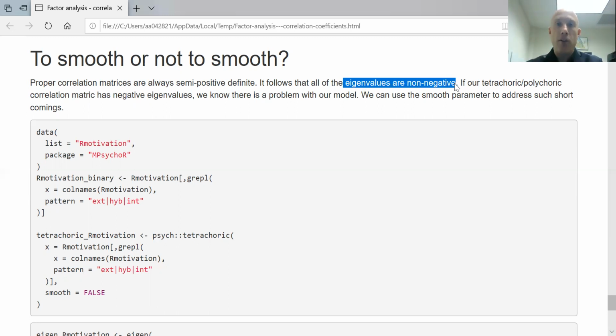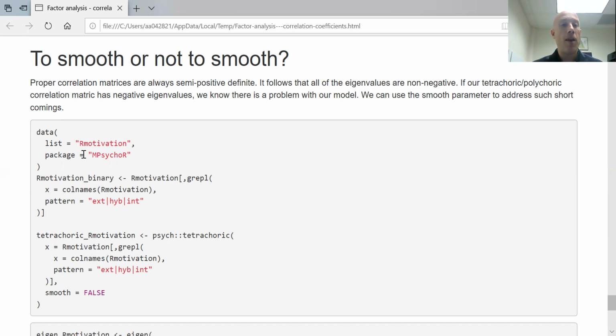I get my correlation matrix. I take a look at the eigenvalues. If I see negative values, then it's like, whoa, whoa, whoa, something's wrong. I know that things aren't supposed to be this way. So what do I do? Well, if I didn't smooth, I'm going to smooth. If I did smooth, I'm going to not smooth. I'm going to see which one gives me the better output.